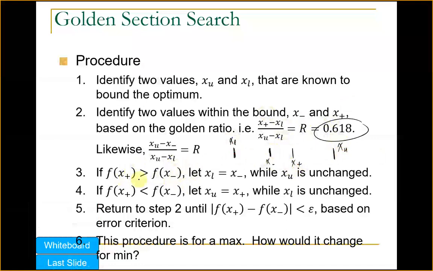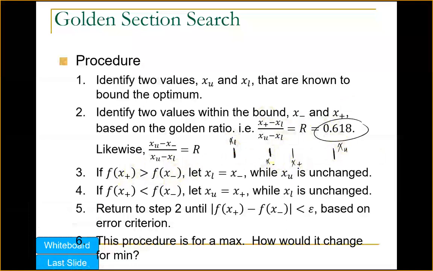All this is saying is if the function of X plus is greater than the function of X minus, then the bound should go from here to there, so we make the new lower bound X minus.